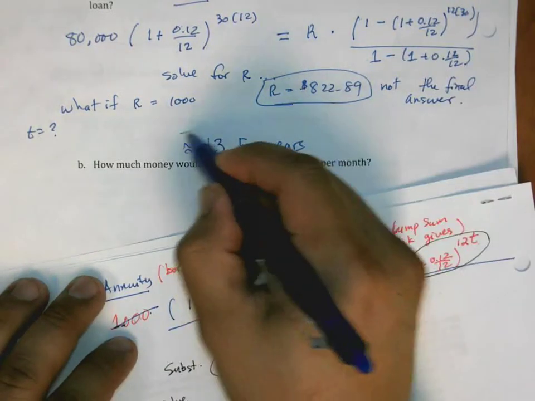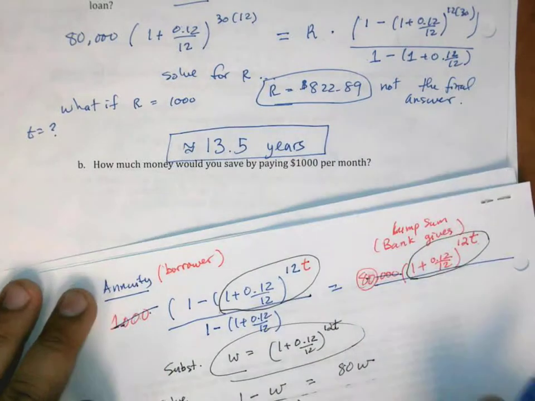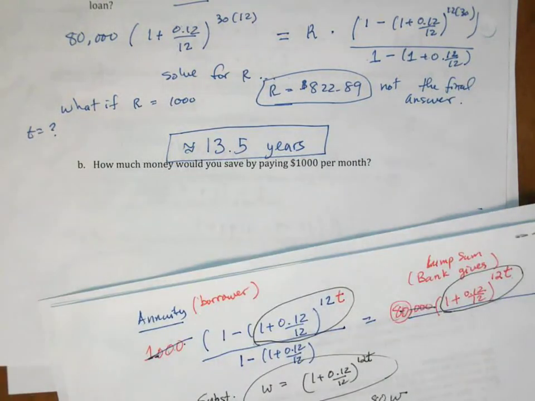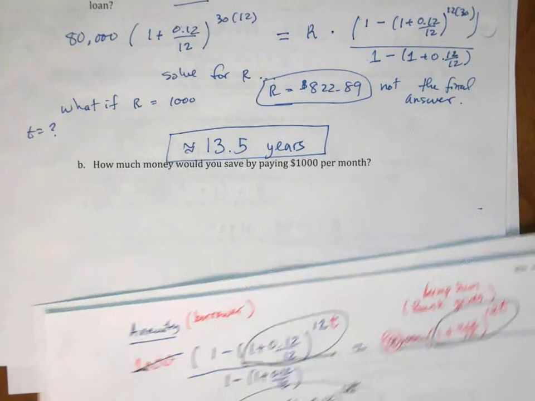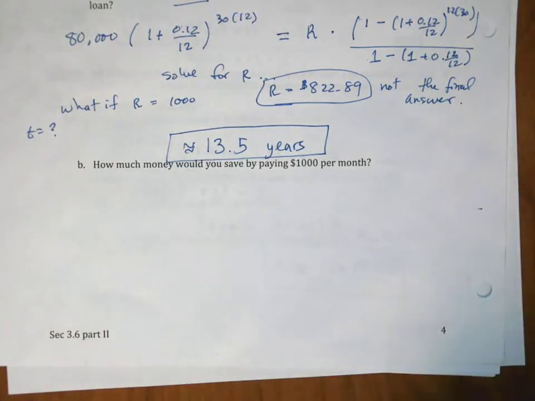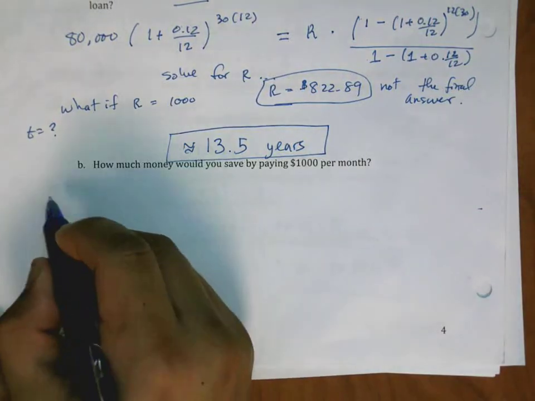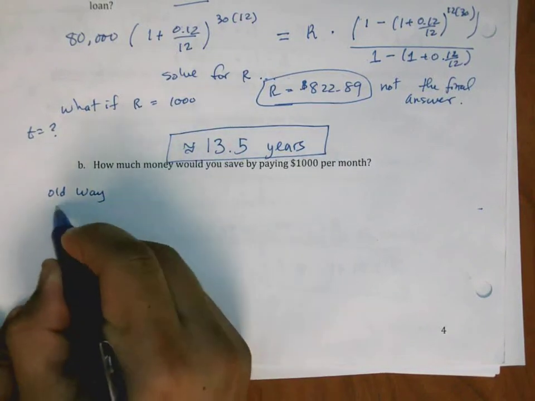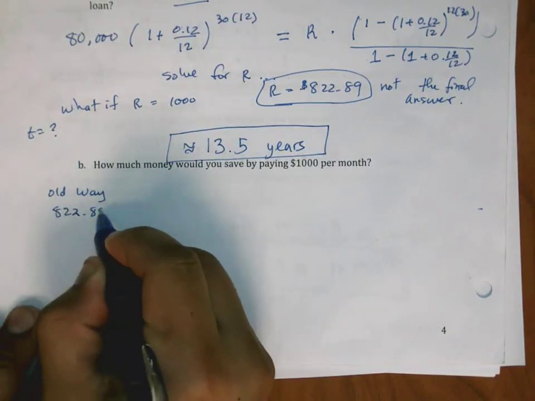Okay, and then now the next question is, how much would you be saving by paying $1,000 per month? Okay, so let's figure this out. Let's say the old way was to pay $822.89 for 30 years.